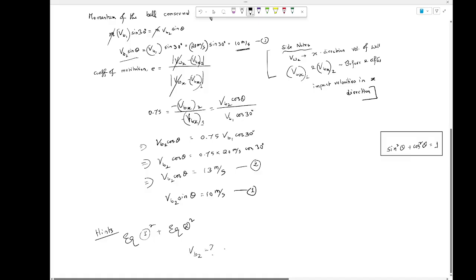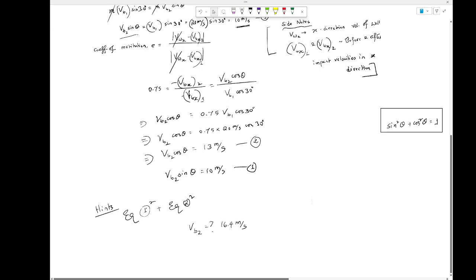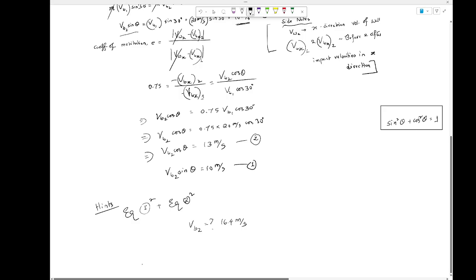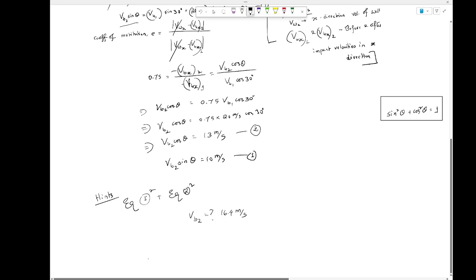This value you should be finding 16.4 meters per second. And you can do it this way: divide equation 1 by equation 2, and then you can find the value of the theta. The theta value would be 37.6 degrees. See if you are able to find it.